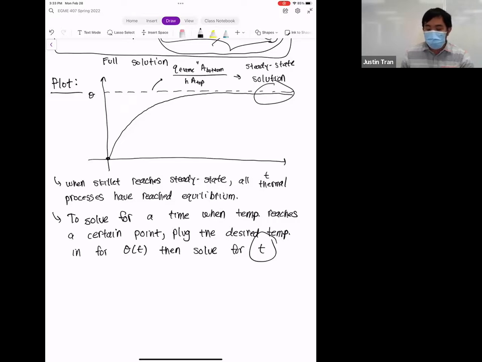But I did want to show you a case without convection, because problem 5 in the homework does include a case without convection, so I want to make sure you know how to solve those problems. Any final questions on the skillet before we move on? Okay, that's it for the skillet.